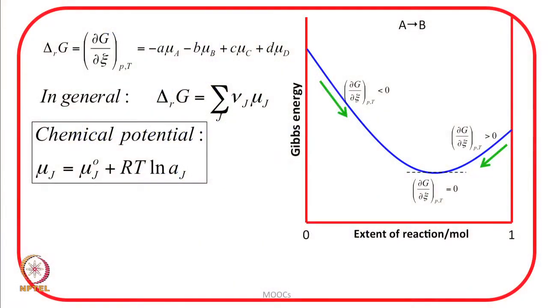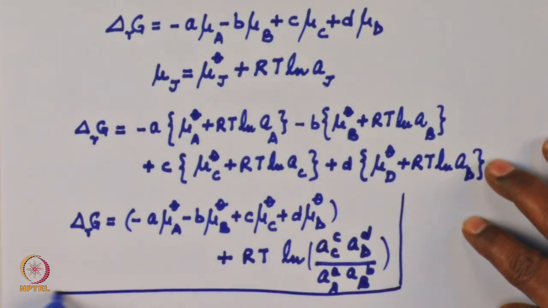Let us go to the slide. Once in this equation we substitute mu is equal to mu naught plus RT log activity of J, we come up with this equation.